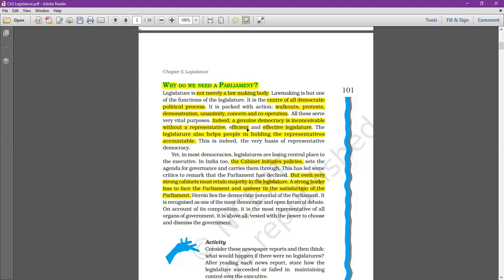Indeed, a genuine democracy is inconceivable without a representative, efficient, and effective legislature. So that's how you can understand the importance of legislature.